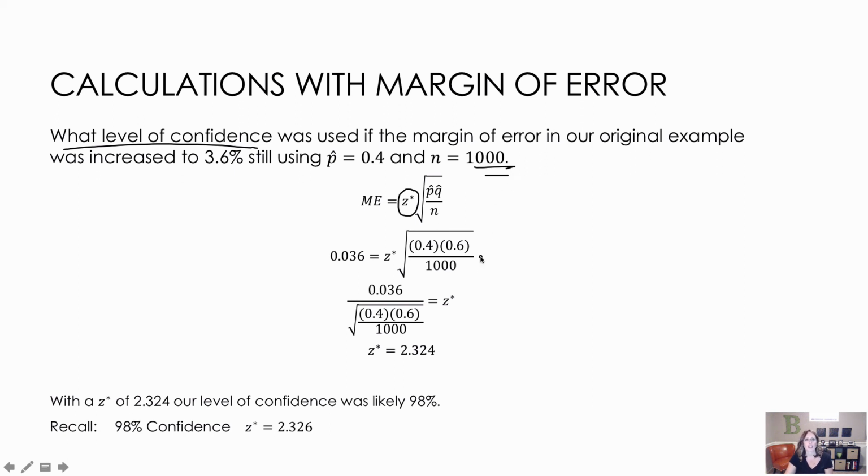Again, the calculations here are a little bit easier. I'm just going to divide each side by all of that, and then of course plug it in. Now this part, I get 2.324, and again, it's very similar to 2.326. It's not exactly the same, but that was for the 98% confidence. Again, I'm going to show you technology on how we're finding those z stars in just a little bit, but that's essentially the work that you would do.